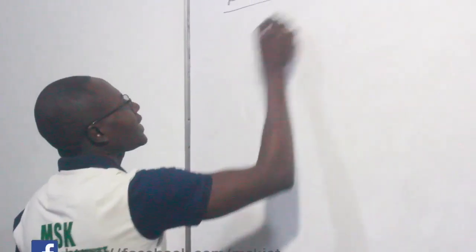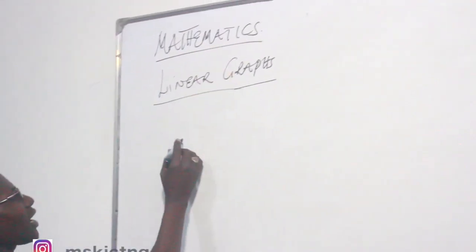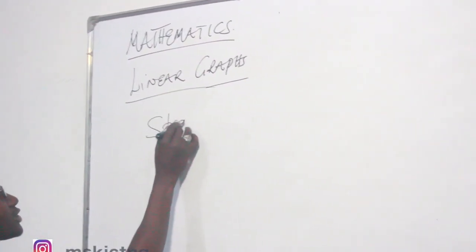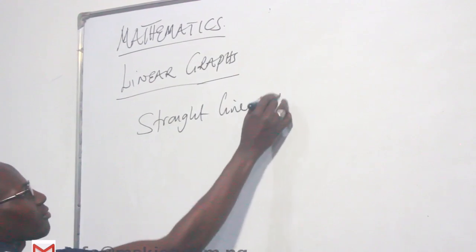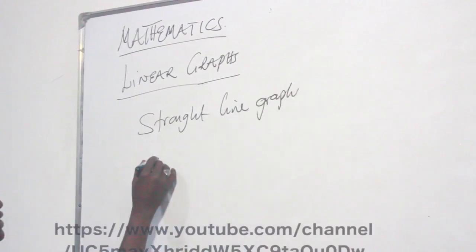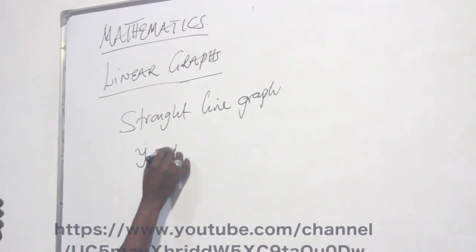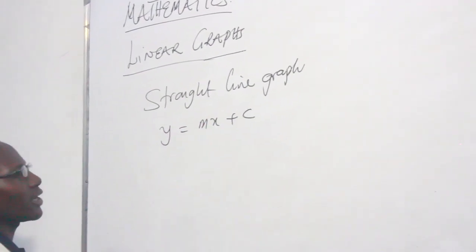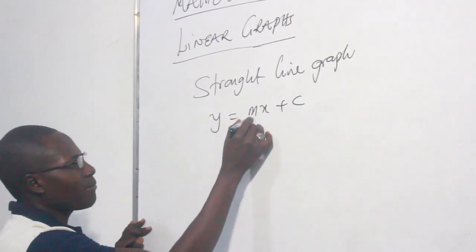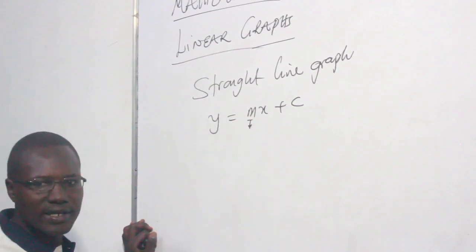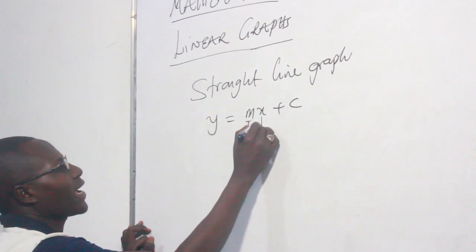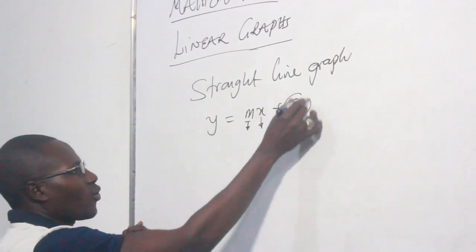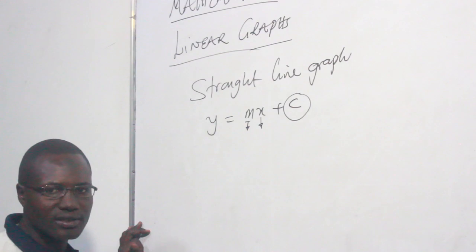As explained earlier, a linear graph is known as a straight line graph with the characteristic y equals mx plus c, where m is the gradient, which is dy by dx, x is the variable, and c is the constant.